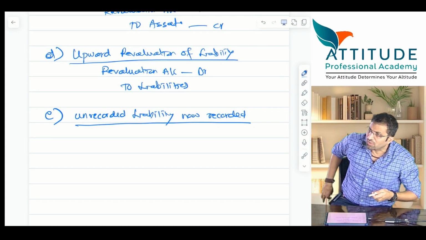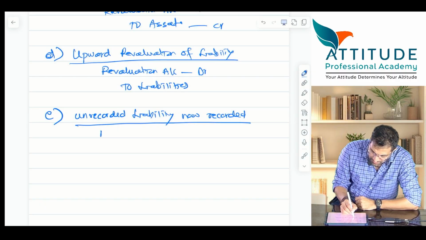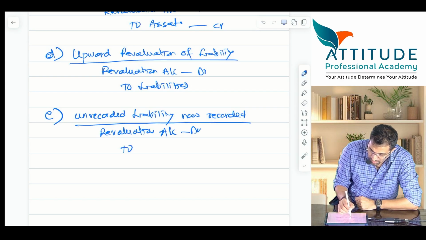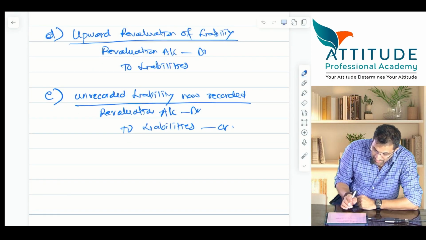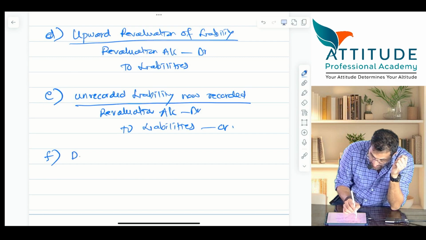Same entry, yes or no? Same entry. Revaluation account debit to liability. Unrecorded liability now recorded. Clear? Now, can there be a downward revaluation of liability?